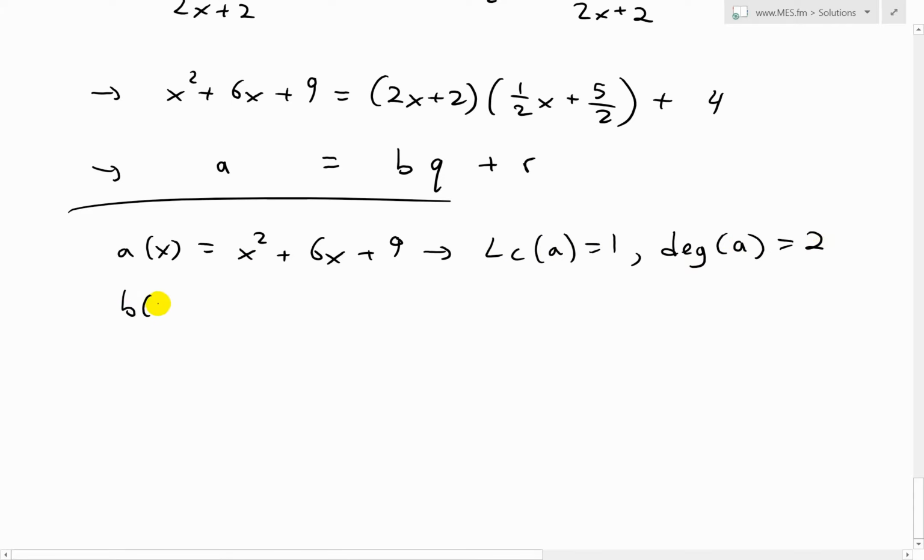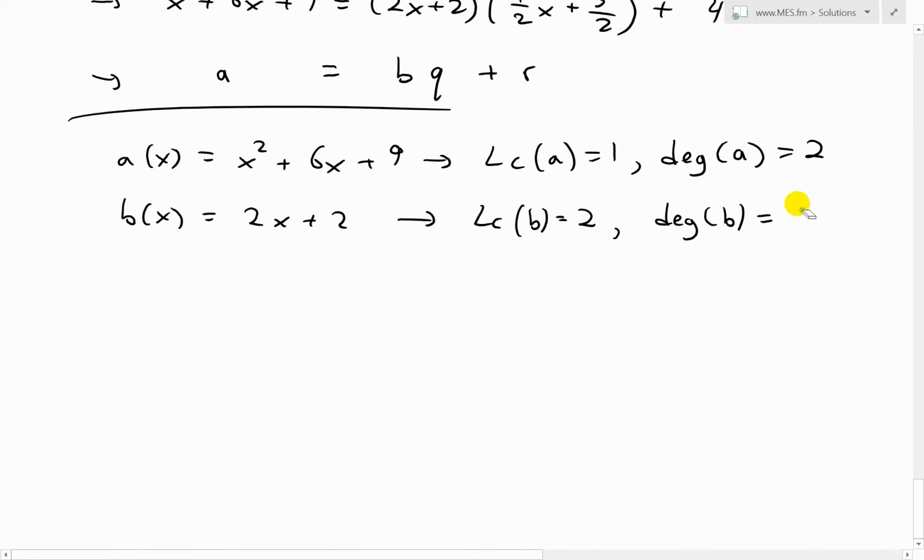Likewise for b of x, that equals 2x plus 2, and the leading coefficient of b is equal to 2. The degree of b equals 2, I mean, my bad, the degree of b is 1, because that's the power of 1 over there.